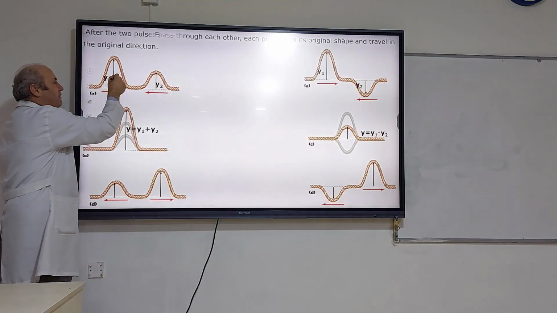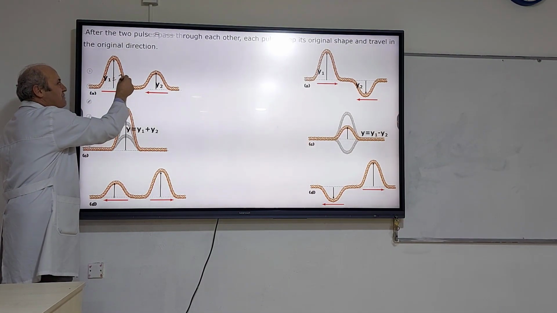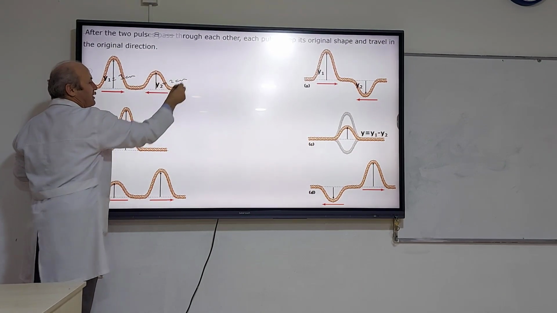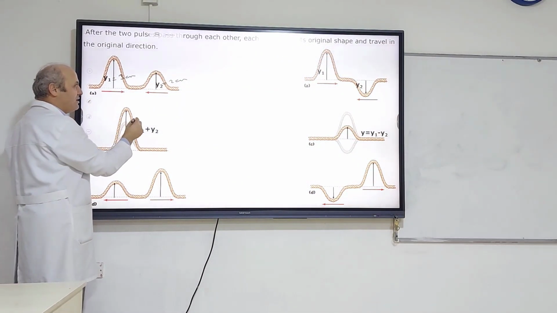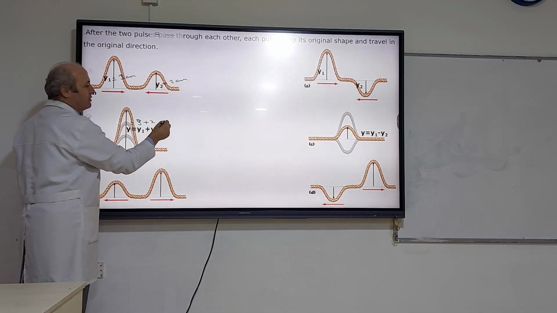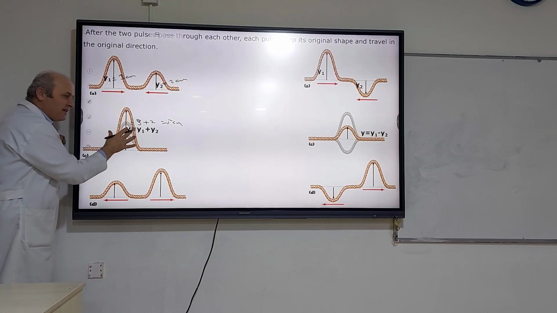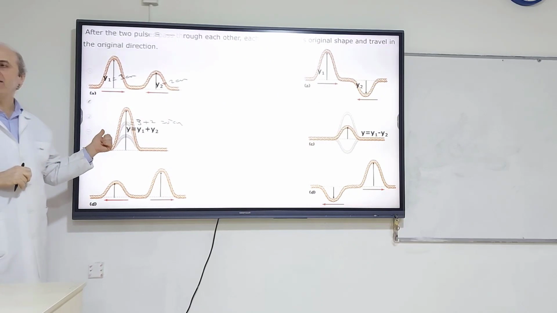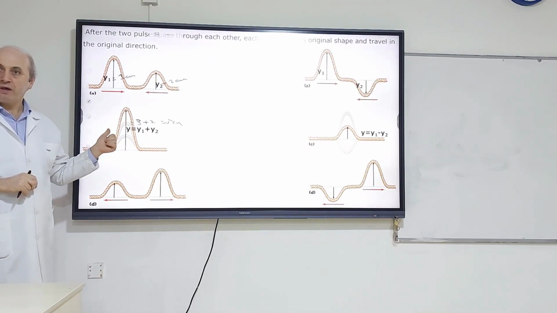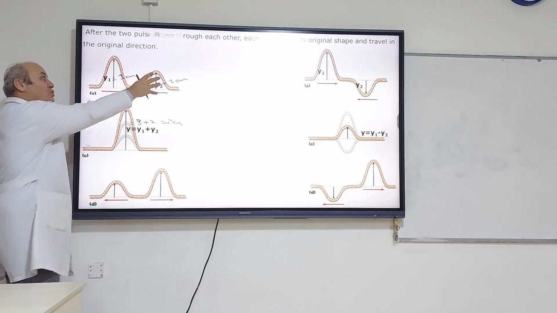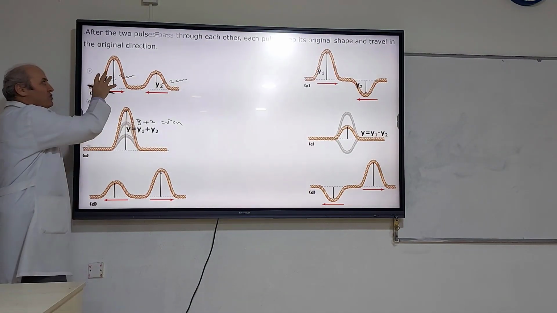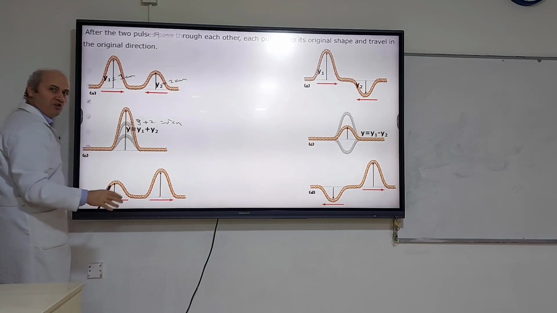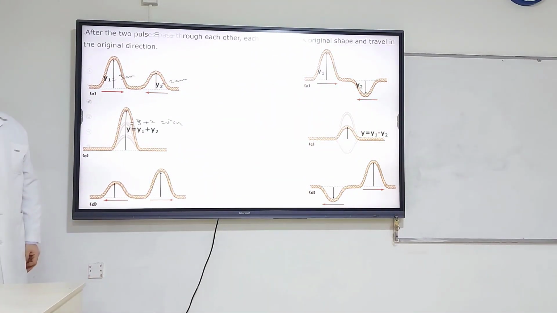If one has amplitude 3 centimeters and the other 2 centimeters, the resultant is 5 centimeters, that is, 3 plus 2. For an instant they overlap, and instead of two waves you will see a single waveform. But they pass through each other without change. That is, this 2 centimeter wave passes to the left, the other 2 centimeter wave to the right, and they go on without any change. One wave cannot destroy another wave. Only for an instant, they combine and form a resultant waveform.